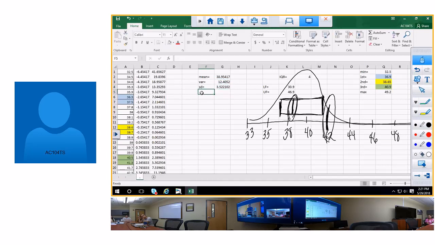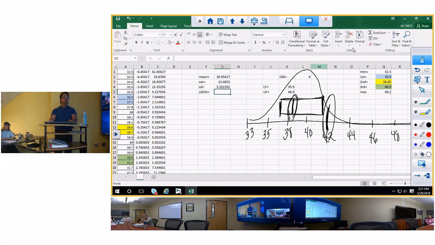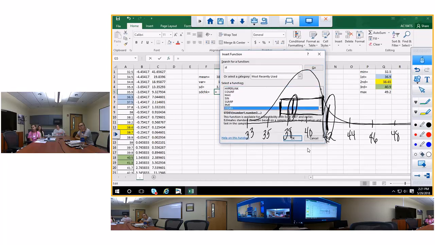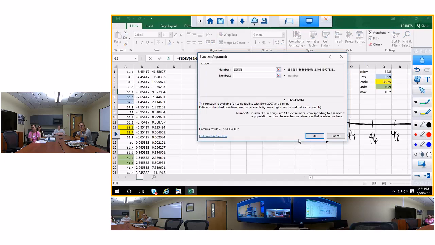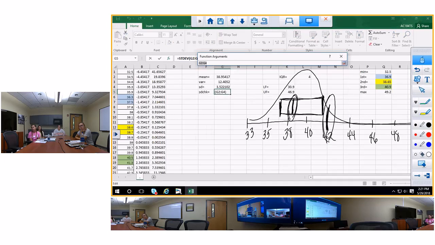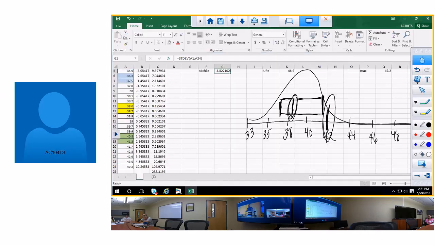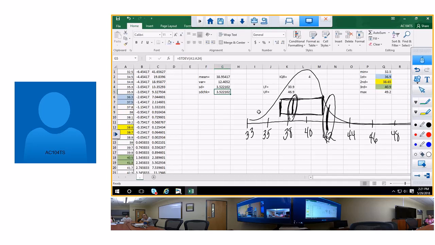And just as a check, standard deviation check, make sure I didn't make a mistake somewhere. Of course not. Got it right.